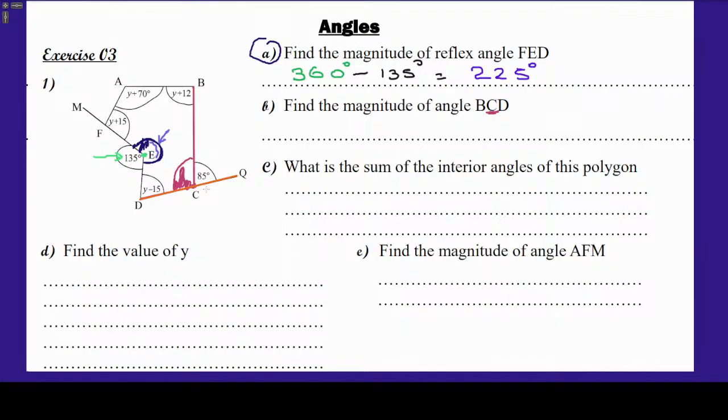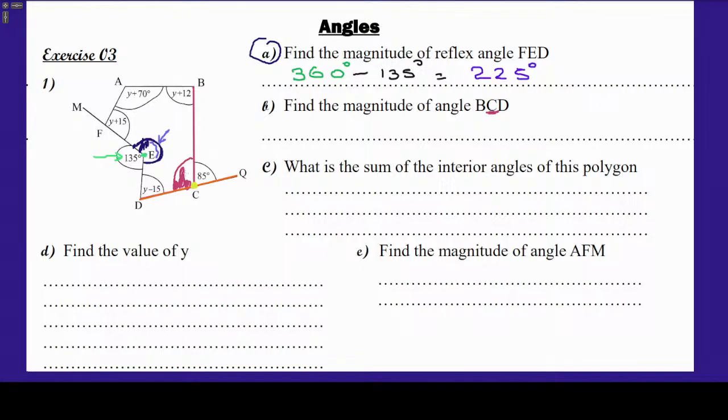So what do we know about angles at a point on a straight line? There is a point here. Let me highlight that in yellow. And where is this yellow point? It is on a straight line. So what do we know about angles at a point on a straight line? The sum of the angles at a point on a straight line is 180. What does that mean?